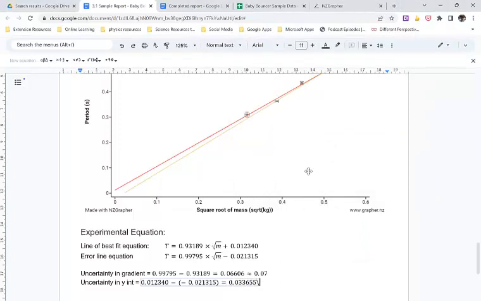And then I'll go backslash approx, and that is to one significant figure 0.03.